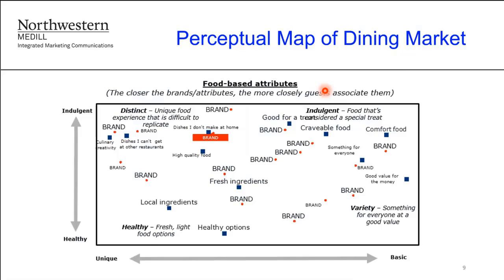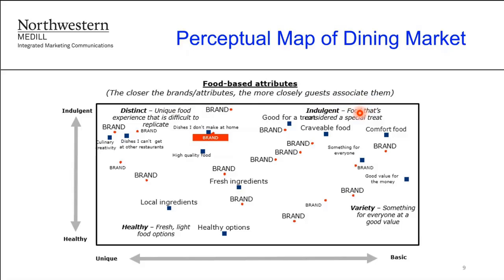So this is the perceptual map of the dining market. Again, we have two dimensions. One is unique versus basic, and another dimension is indulgent versus healthy. These are the brands of the dining market. We have several brands here. We don't know what they are, but what we can see from this map is that the closer the brands or attributes are, the more closely guests associate them.